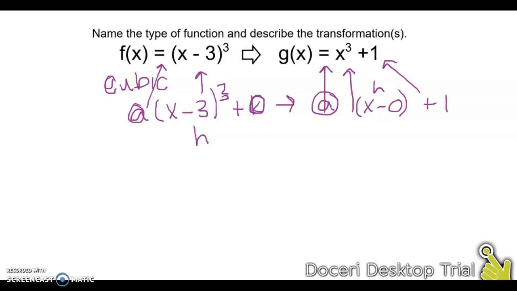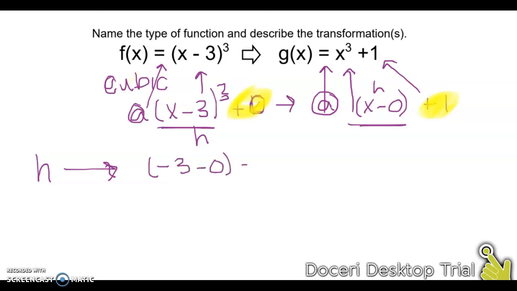So we had two things that changed. Our h changed and our k changed. So let's look at the h first. Remember, it's the opposite of what you think. So we went from -3 to 0. -3 minus 0 is -3.